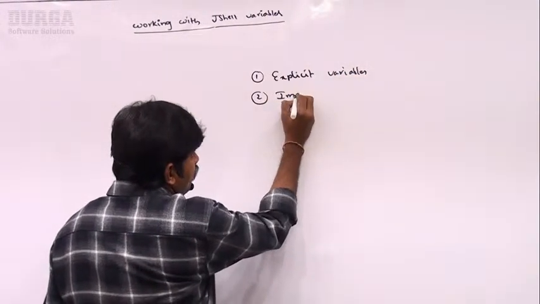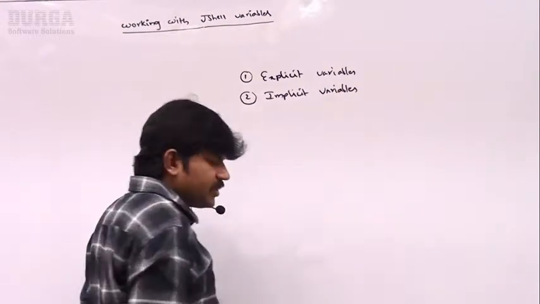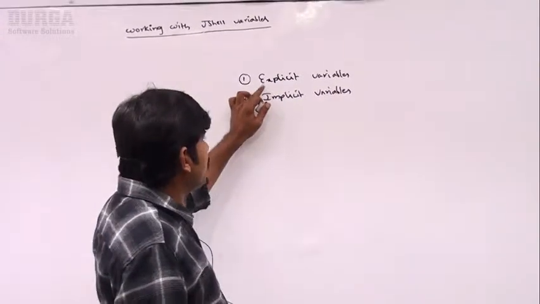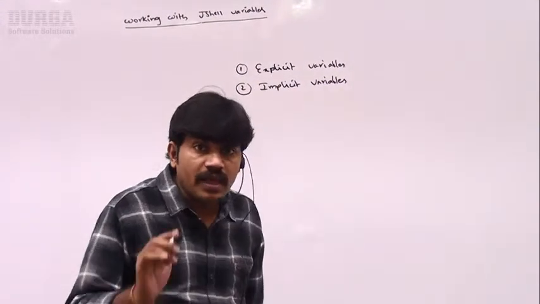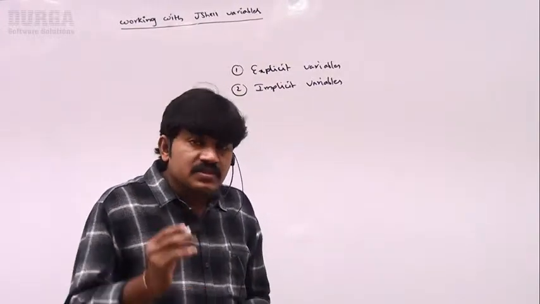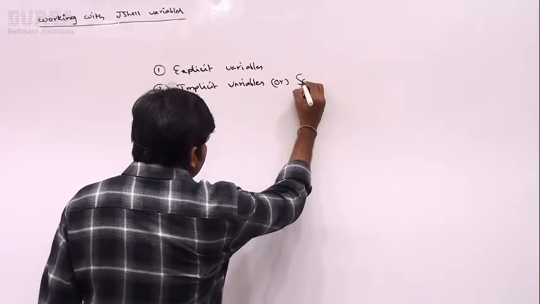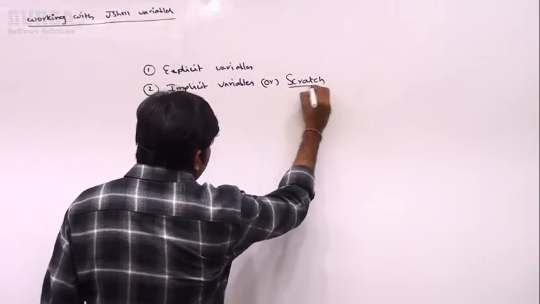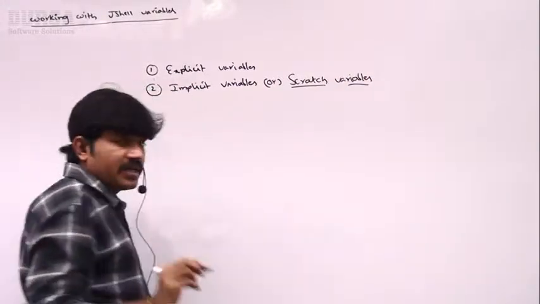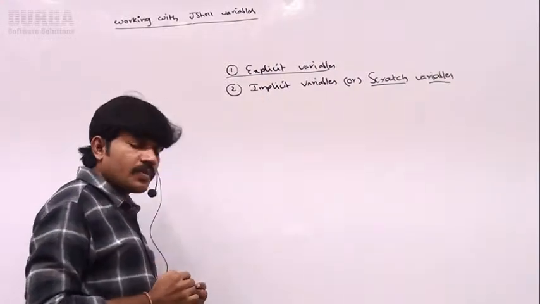So in JShell there are 2 types of variables available. The first one is explicit variables, and the second one is implicit variables. These implicit variables are also known as scratch variables. Can you spell it out? Scratch variables.